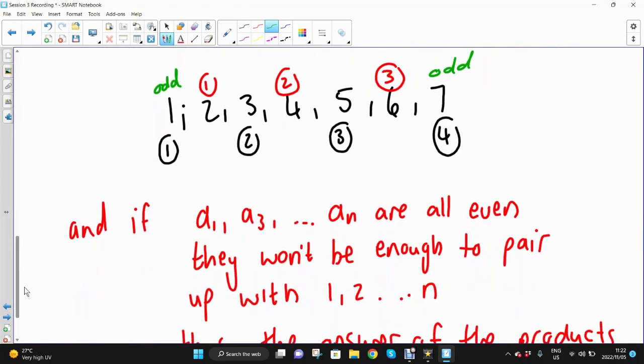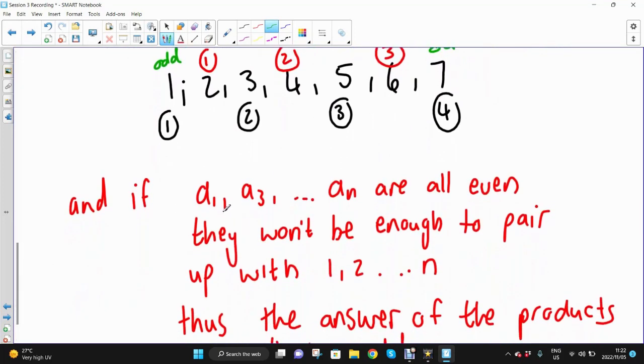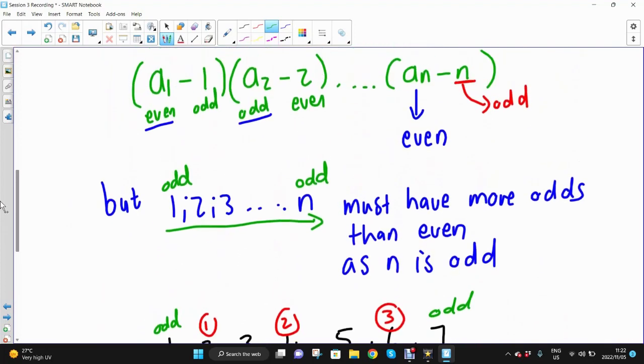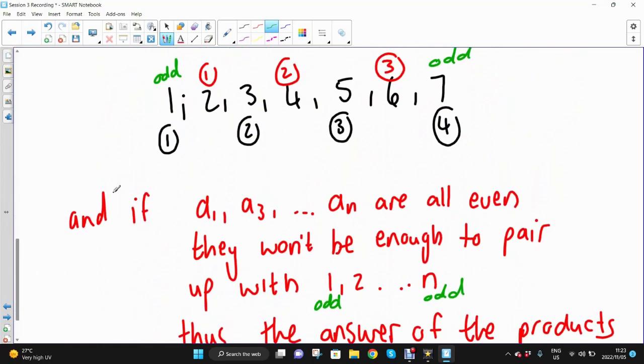So if A1 all the way up to An are all even, they are not going to be enough to pair up with all the numbers from 1 right up to n, because we've got odd right up to odd. And we know that An is an even number.